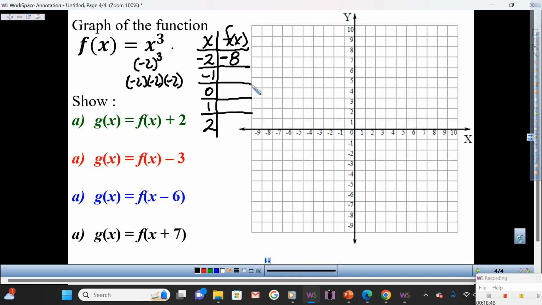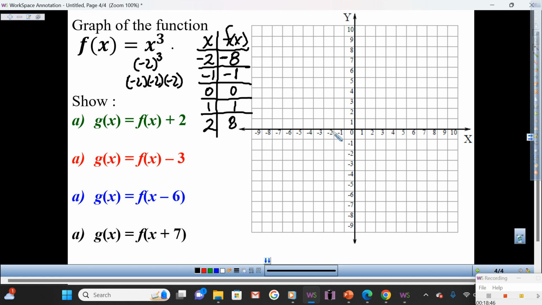What do we write there, Brandon, Felix? Negative 1 is correct. Write that in there. Let's go. Everyone, 0 cubed is 0. 1 cubed is 1 times 1 times 1, which is 1. And 2 cubed is 2 times 2 times 2, which is 8.